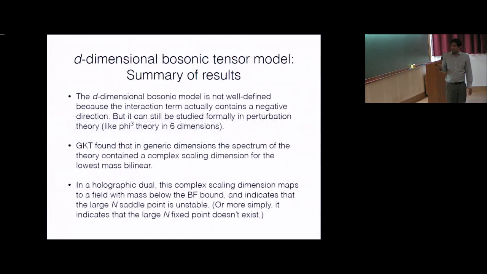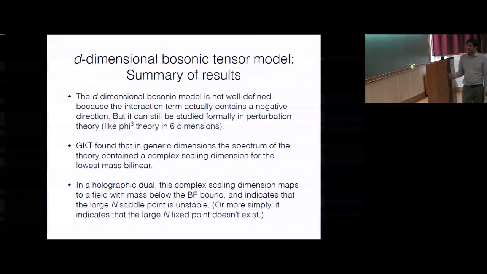This complex scaling dimension is of the form d by 2 plus I times a number, and you can show that it maps to a field with a mass below the BF bound. So one could interpret it as saying that the large N saddle point is unstable. Or you could simply say that the large N fixed point doesn't exist.